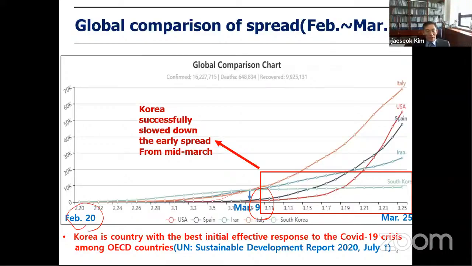However, in mid-March, the spread in Europe and United States began to increase rapidly, like this. And still, these countries continue to have a huge increase in infected people. On July 1st, a Wuhan report mentioned that Korea is the country with the best initial effective response to the COVID crisis among OECD countries.